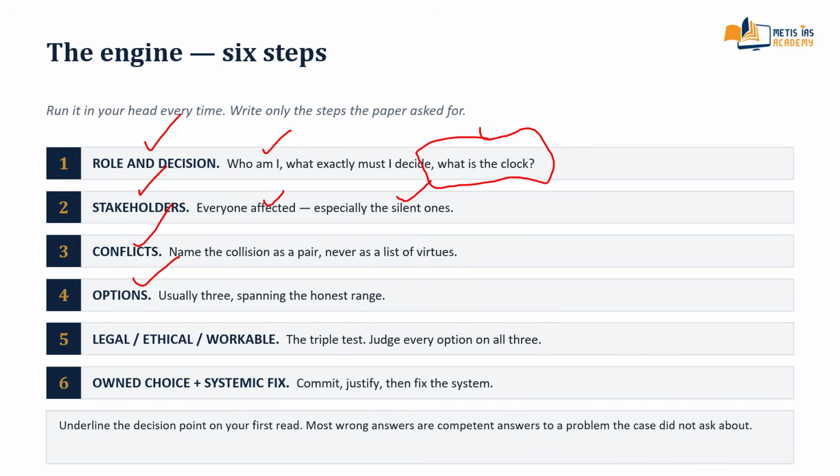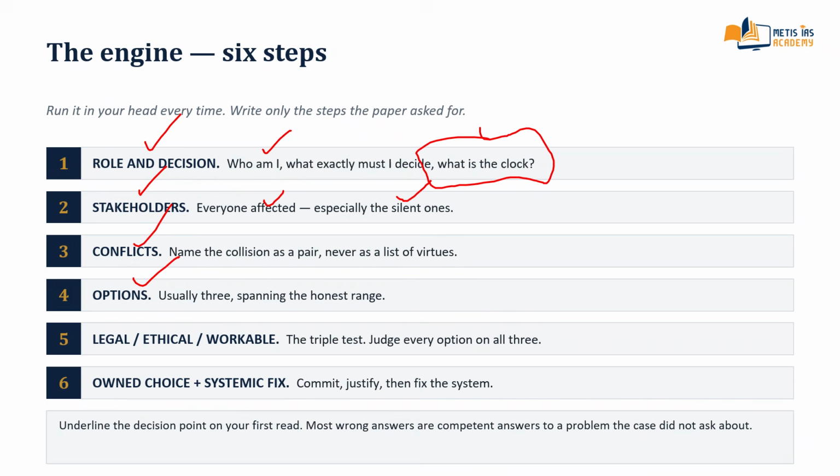The rigid option, act strictly by the book regardless of the human consequence. And the considered option, principled and also workable.